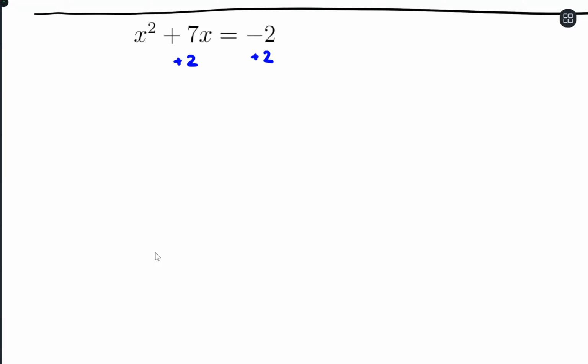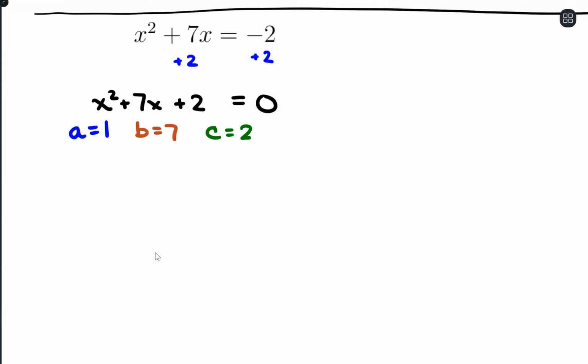So here I have x squared plus 7x plus 2 equals 0. I could try to factor it, but this isn't going to be factorable. So if I want to solve for those x-intercepts, I need to use the quadratic formula. So a equals positive 1, b equals 7, and c equals positive 2.